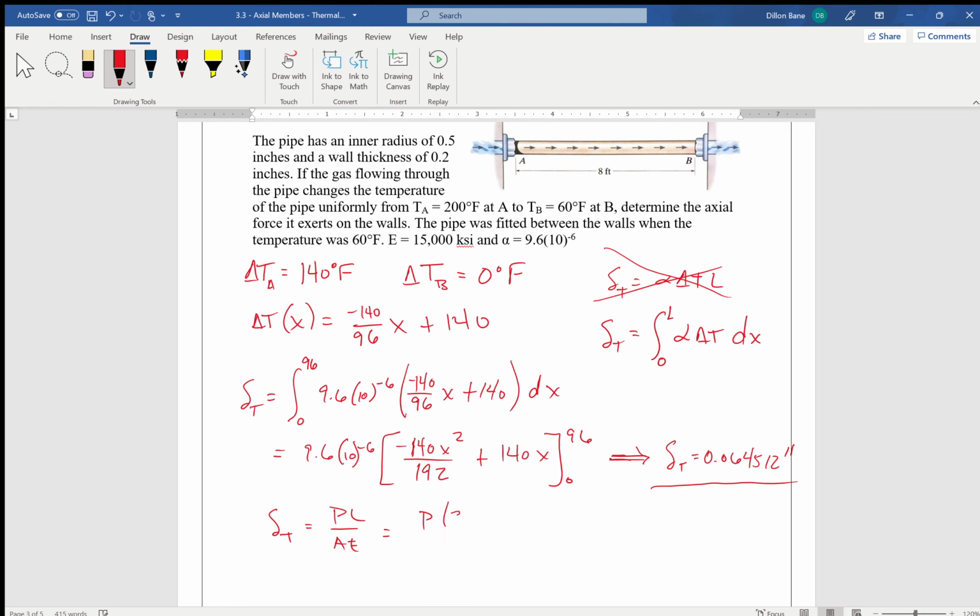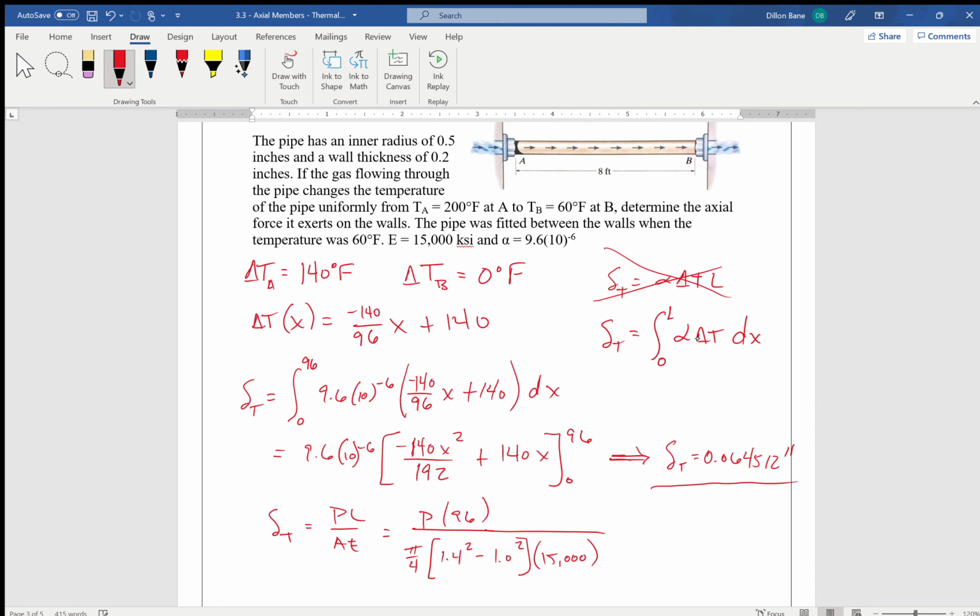Length is 96 inches. The area of the pipe is pi over 4 times the outer diameter, which is 1.4 inches squared, minus the inner diameter squared, which is just 1.0 squared. That's the area, all in inches, and we know the modulus of elasticity of this pipe is 15,000 ksi, so we say times 15,000 ksi.